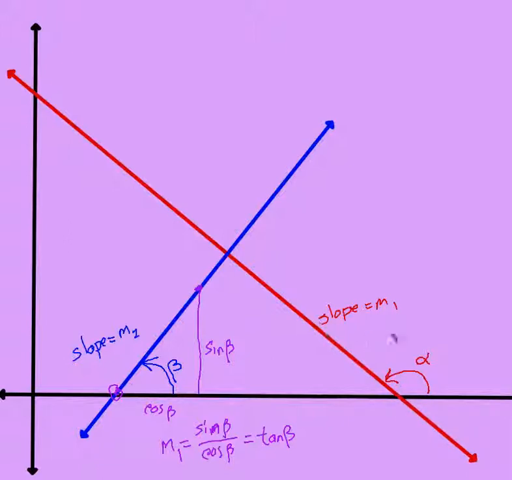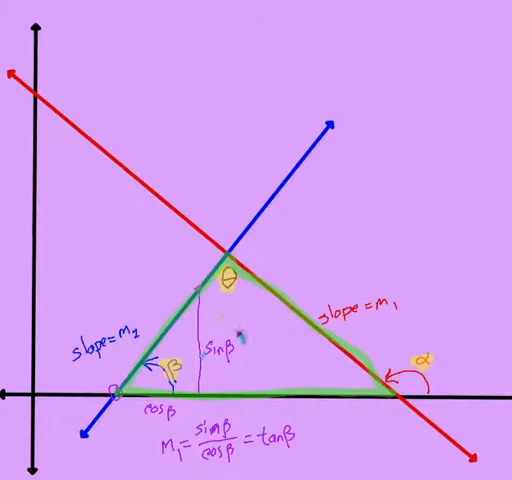Okay, so back to our problem. We've got the red line, it's got a slope of m1. We've got the blue line, it's got a slope of m2, and we are interested in knowing what this angle is here. We're going to call this angle theta. So we've got beta, alpha, and theta, and they're all tucked inside of this triangle right here.